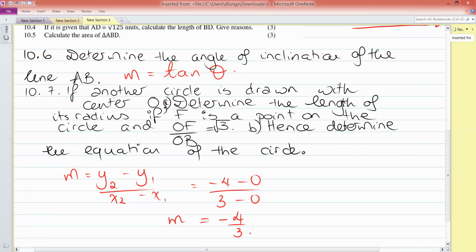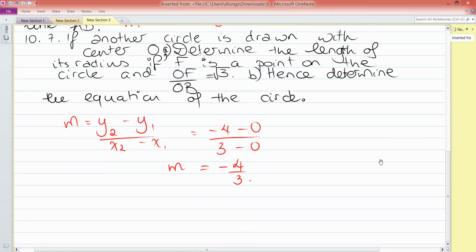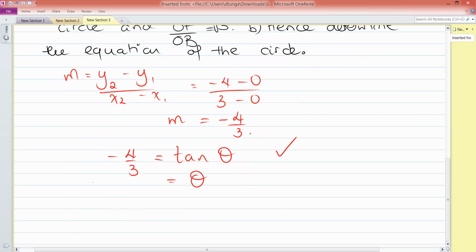After I've worked out this m, I can now say negative 4 over 3, which is your m, is equal to tan theta. Inverse tan both sides. What do we get? The answer we get here is negative 53,13, 2 decimal places.